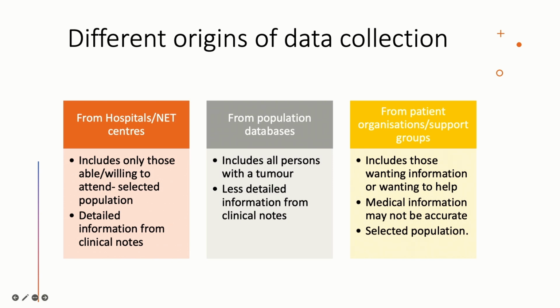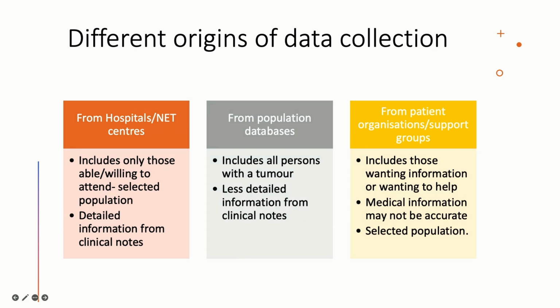And that doesn't include everyone that has NET, because a lot of patients can't get to NET centres or don't want to come to NET centres. So there's a tail of the population that are left out of that data. So it's important data, but it doesn't include everyone.